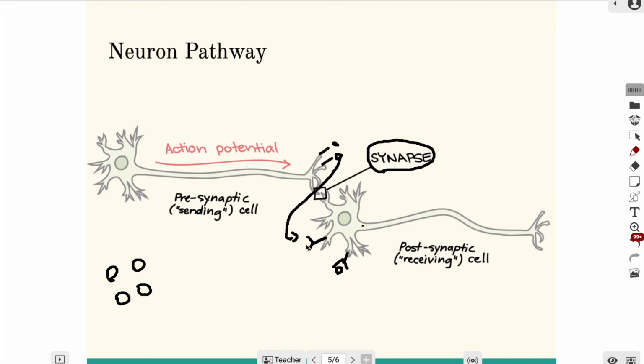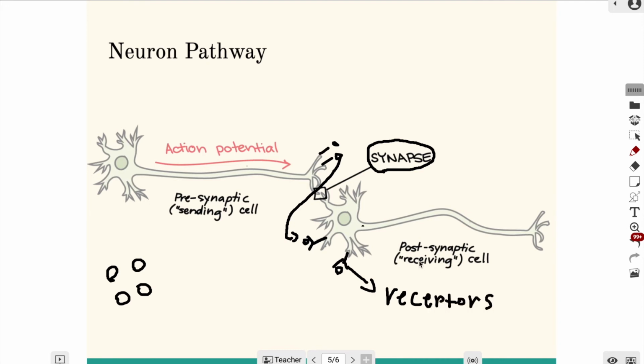So when they fit in, then the signal is relayed to the cell body. So there's a connection between the chemical messengers, neurotransmitters, and the dendrites. These branches here that receive the signals are called receptors, right?